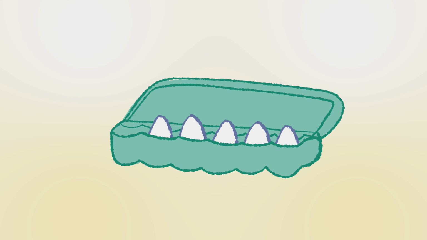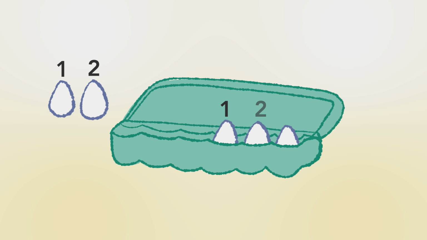The steps look different because counting all in this situation means you must first count the full set of 5, then count out 2 for your cake and separate them from the set, and then count the remaining 3 eggs to see how many are left. Just like counting all with addition, this direct modeling process helps children understand the mental steps behind subtraction problems.